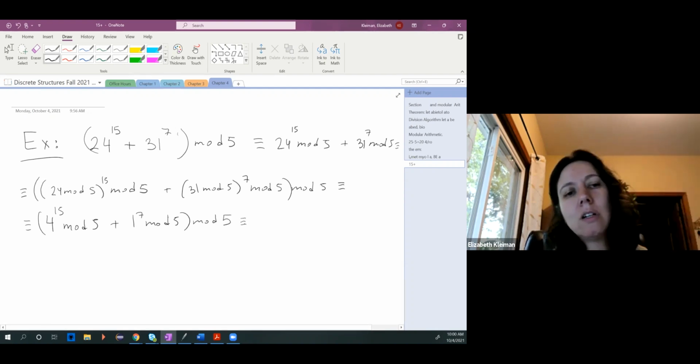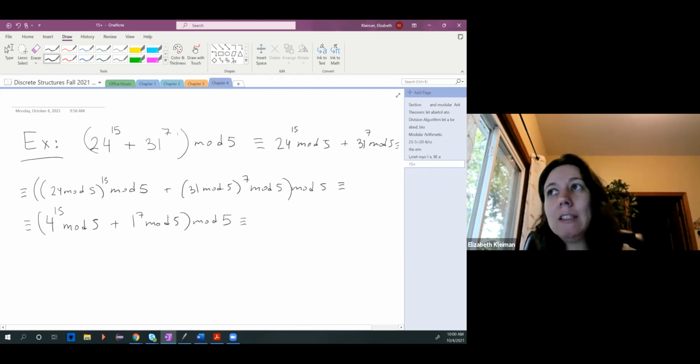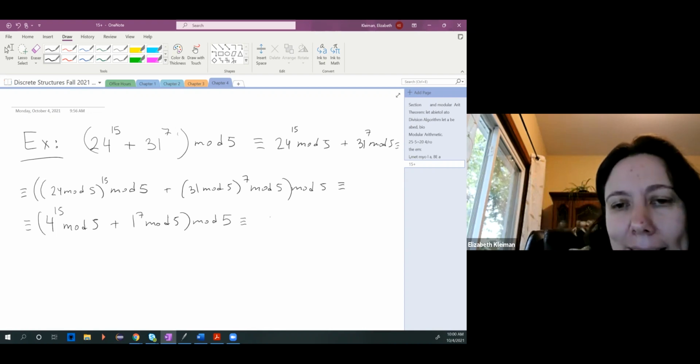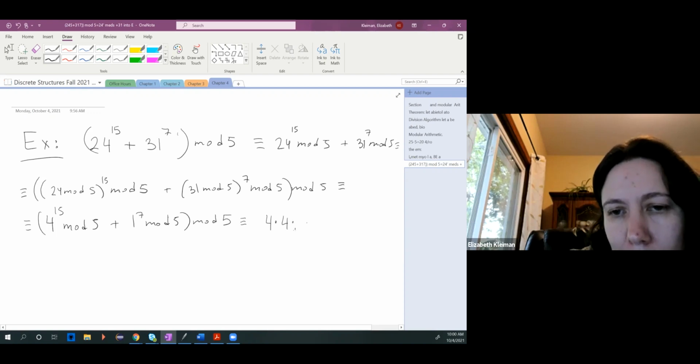So what do I do with 4 to the power 15? This is where I can say, okay, it's the same as 4 multiply 4 multiply 4, 15 times, correct?